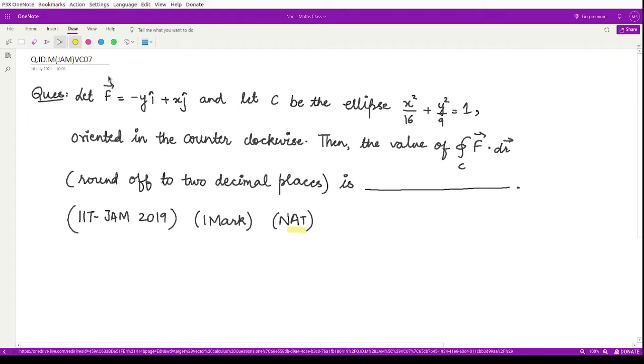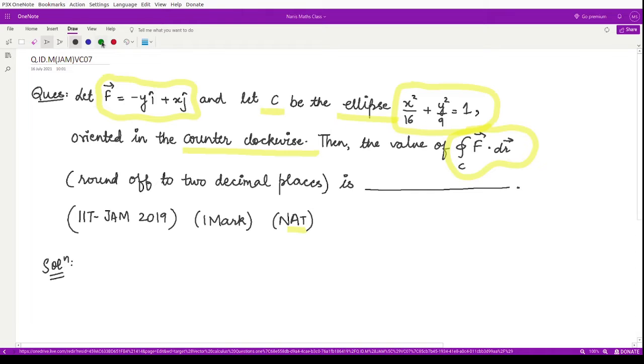So the question here is, if vector f is defined to be minus y i cap plus x j cap, and the curve C is defined to be the ellipse whose equation is x square divided by 16 plus y square divided by 9 is equal to 1, oriented in the counterclockwise direction, that means the anti-clockwise direction, then we are to determine the value of this line integral when you take the dot product of this vector f with the positional vector dr, right? So let's get started with the solution to this question.